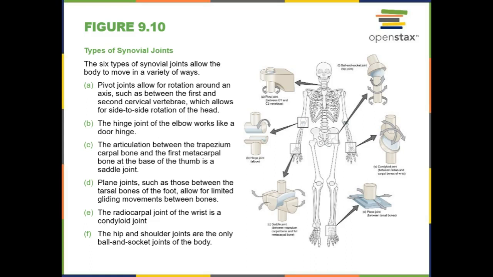A condyloid joint is, again, a biaxial joint that allows for movement on two planes.